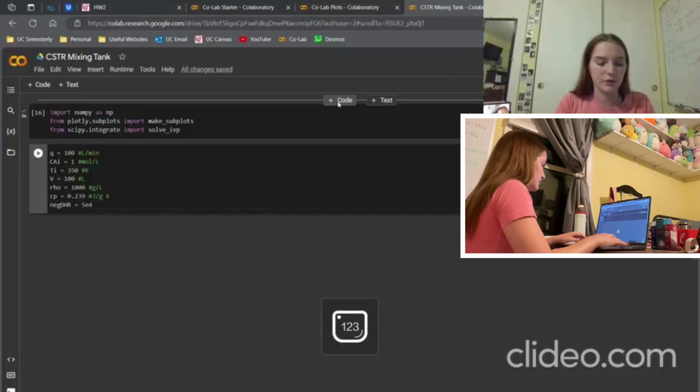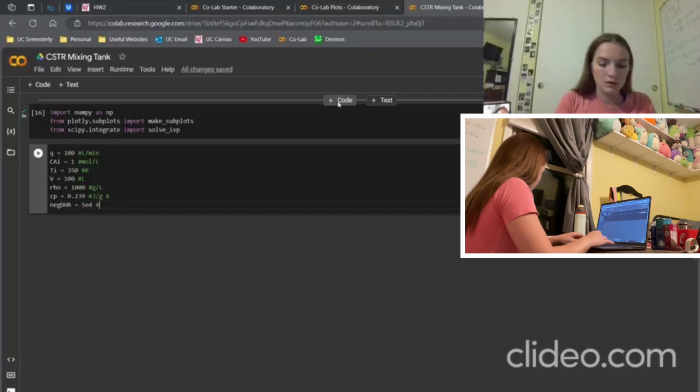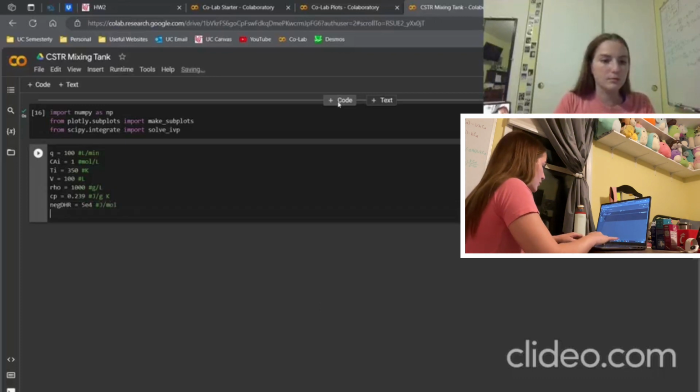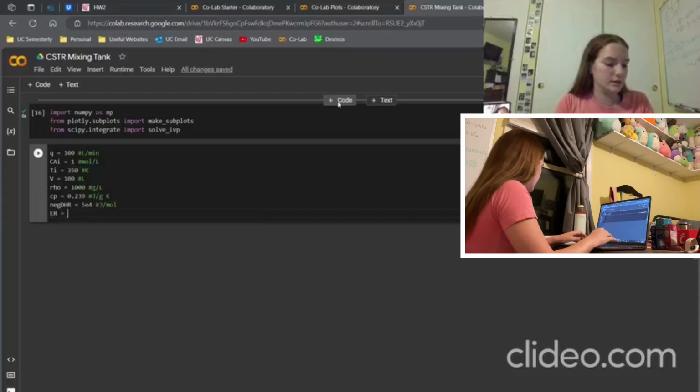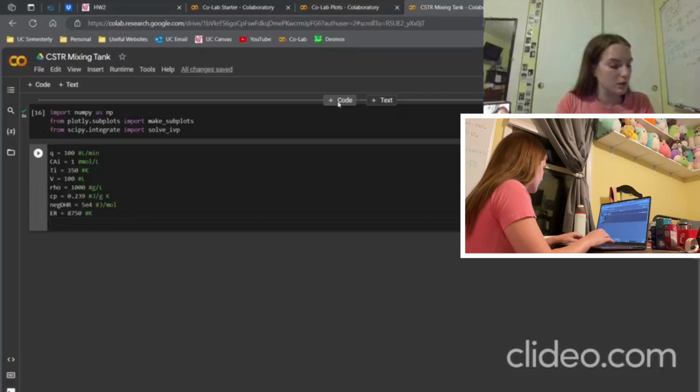5 times 10 to the 4th joules per mole. Our E divided by R is 8,750 degrees Kelvin. Our K naught is equal to 7.2 times 10 to the 10, and this is minutes to the negative first.